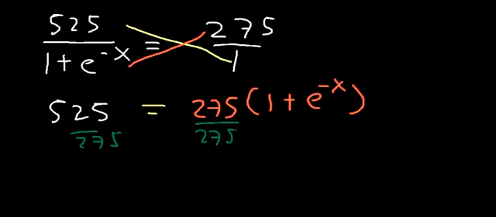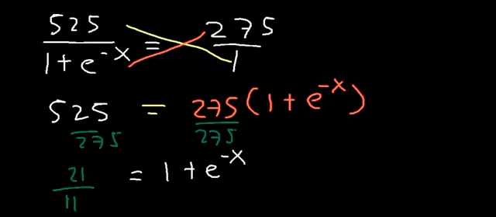And so 525 divided by that number, I got 21 over 11, or 1.90909. But I'm going to keep it as a fraction. By the way, 525 and 275 are divisible by 25.